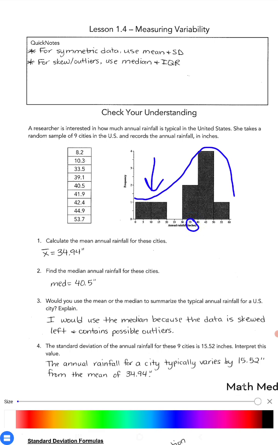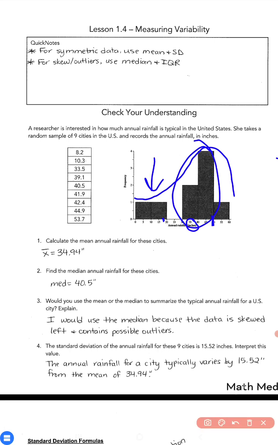Your mean is right here around 35. Most annual rainfall is going to be within 15.5 inches of that. So it's going to be between about 50 inches and roughly just below 20 inches. And if you look at that, that is kind of where your data is clustered, right? So that makes sense.